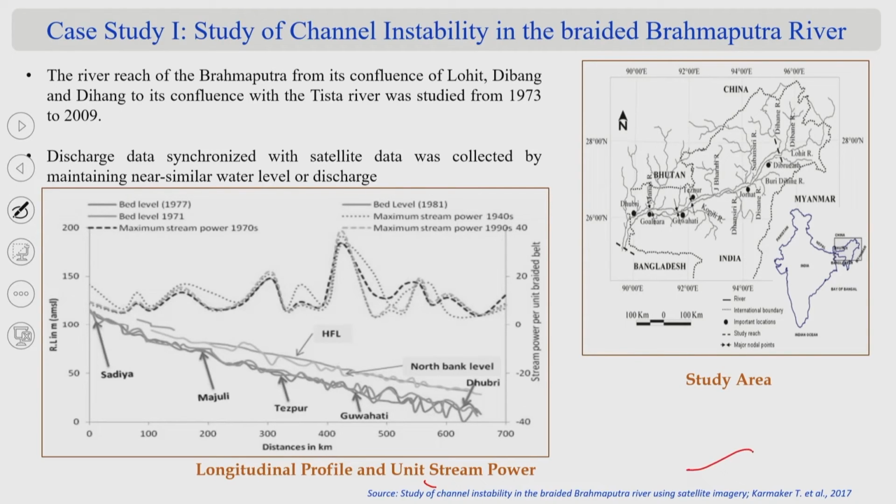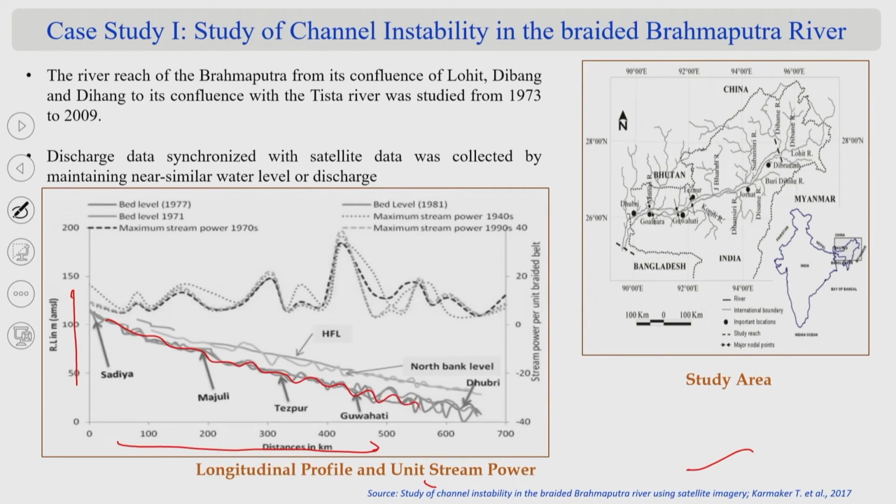So, what I am looking at is a 700 kilometer length of the Brahmaputra river, with all the data from the river reach, and these are the elevations. If you look at how the bed slopes are changing, this is our original data.